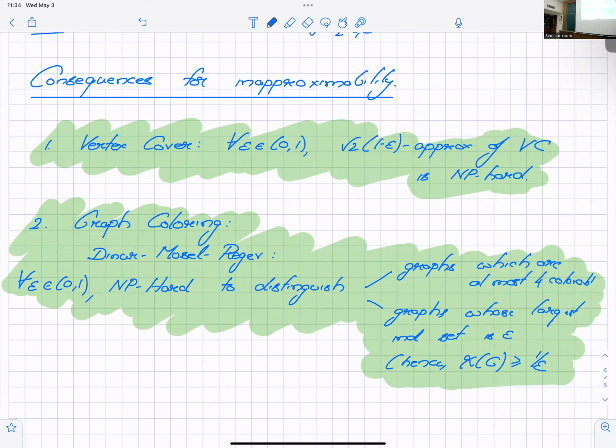He gets 8-uniform hypergraphs, where you can't distinguish 2-colorable 8-uniform hypergraphs from 8-uniform hypergraphs which require at least 2 to the power (log n) to the power 1 minus epsilon colors. It's not polynomial, but it's almost polynomial. This we know how to do, but this doesn't need UG or any of this. It requires standard PCP machinery. From that we can prove this. Well, the question is, with UG, can you do better?